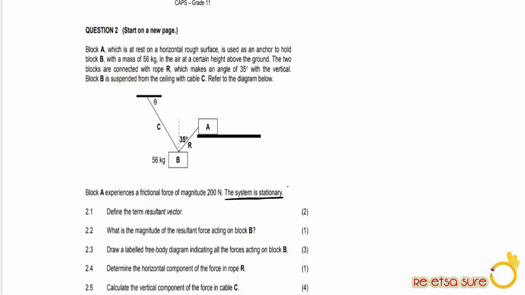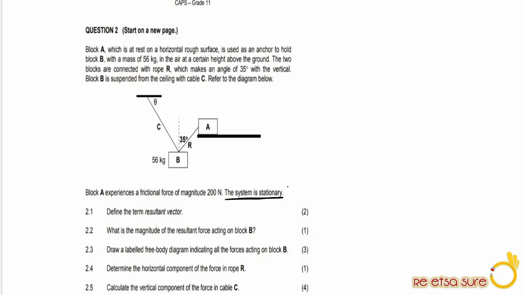The system is stationary. Meaning when the system is stationary, it simply tells us that the forces that are moving upwards are balanced by the forces that are moving downwards. Meaning the sum of forces that are moving upward is equal to the sum of forces that are moving downwards. The sum of forces that are moving to the right is equal to the sum of forces that are moving to the left.